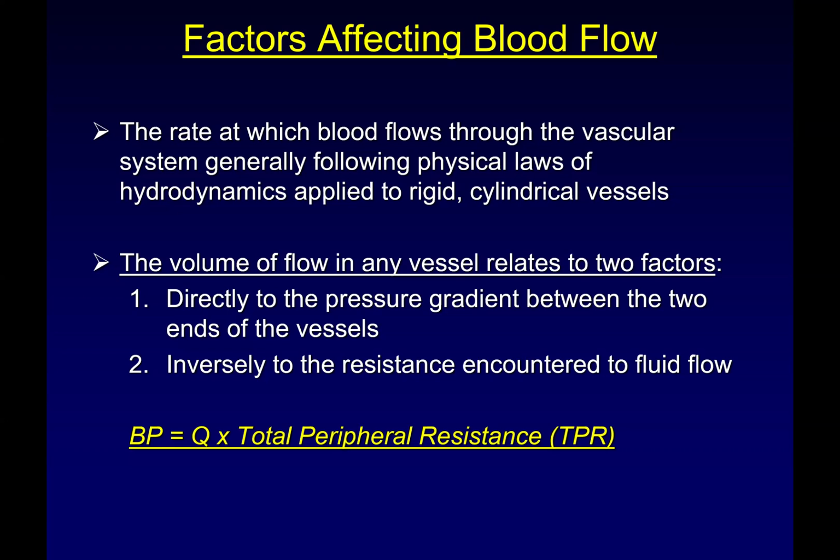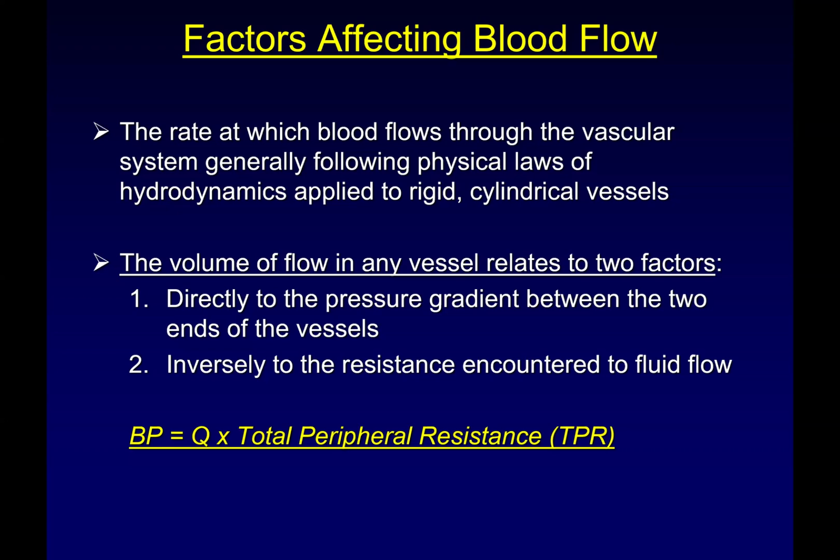And so we're going to look at how this happens, and what it comes down to is the volume of flow in any vessel is related to two factors. It's going to be related to the difference in pressure between the two ends of a vessel.